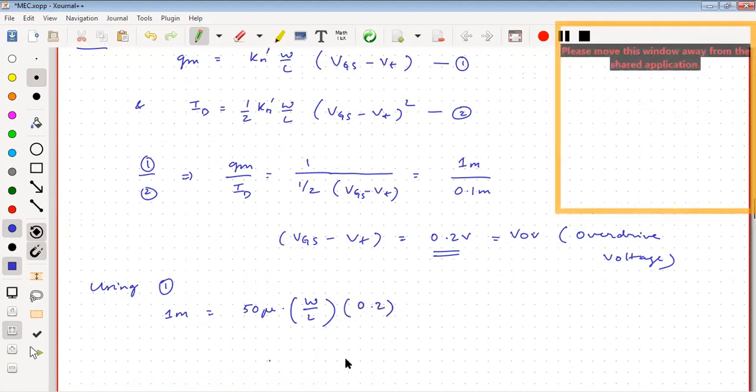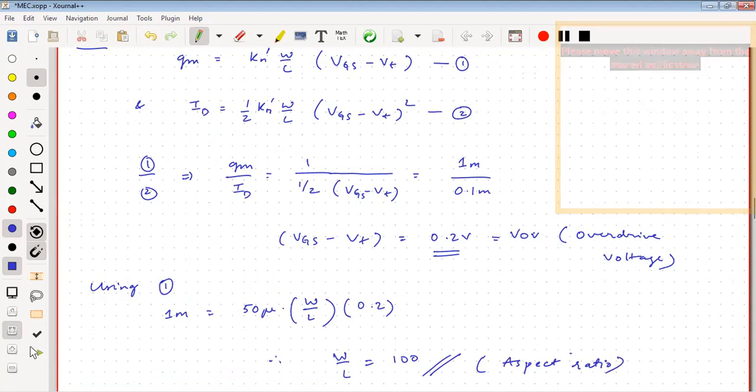Therefore, you can straight away write W by L as 1 milli by (50 micro into 0.2), you should get 100. So this is your aspect ratio. I hope this is clear.